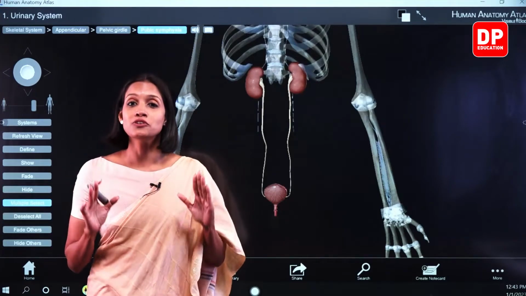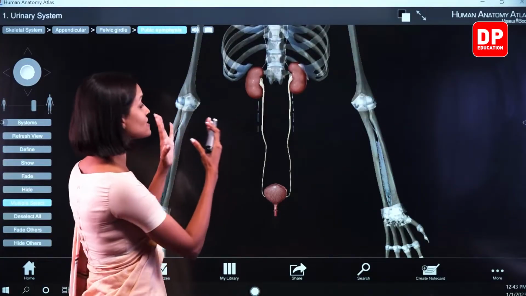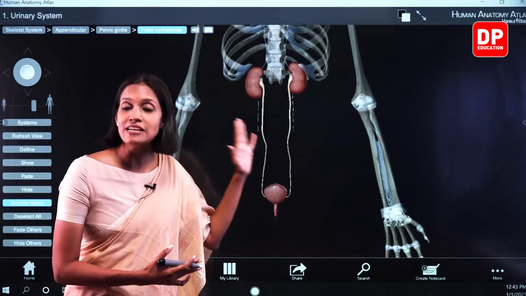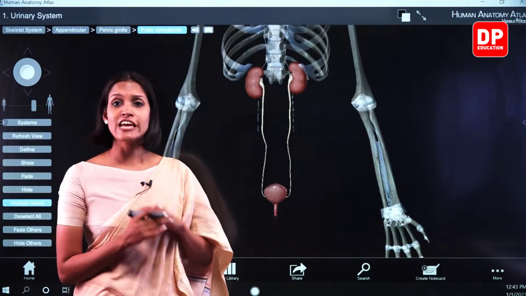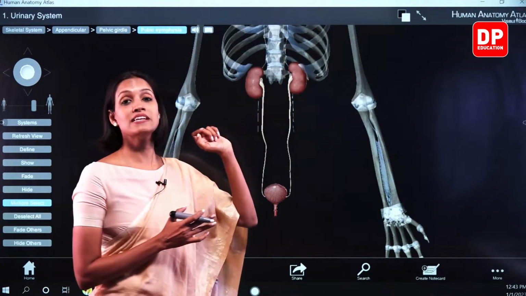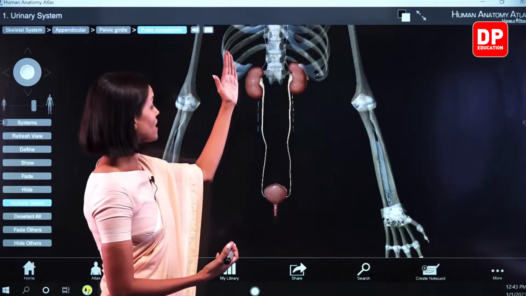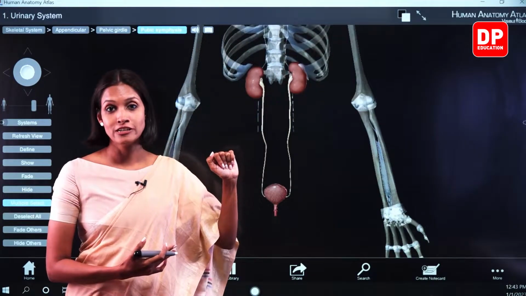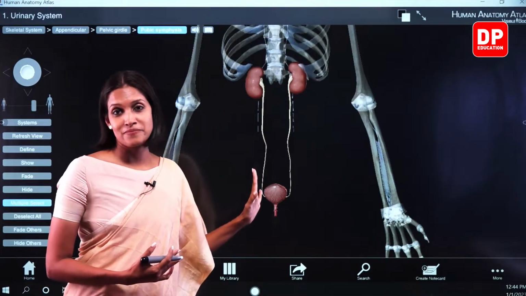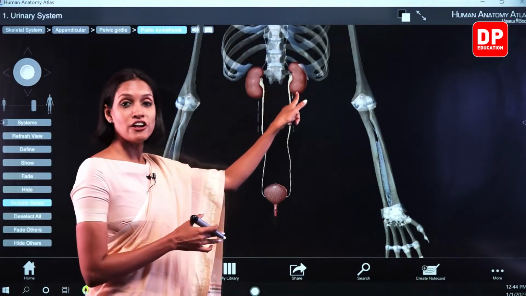So whenever you label a diagram, remember when you face towards that diagram, your left-hand side is that diagram's right-hand side. That is the reason I named this one as the right kidney, this one as the left kidney. If this human is facing towards us, this is the right side of that human, this is the left side of that human. Right, children? This is very important when you label the diagrams.